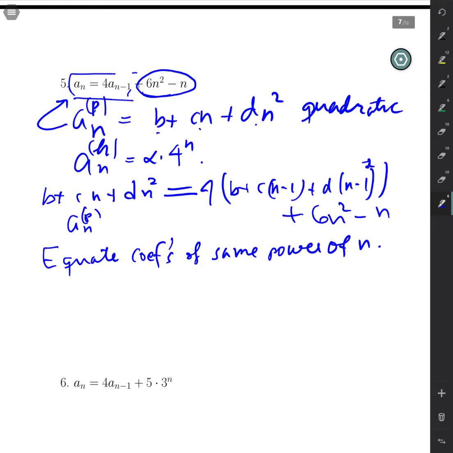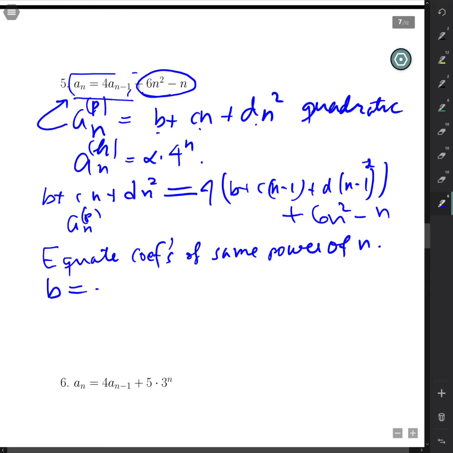Then doing that would give us the values. In this case, what we get is that b is -4, c is -5, and d is -2. Right now, what did we start with? We started with that form right there.